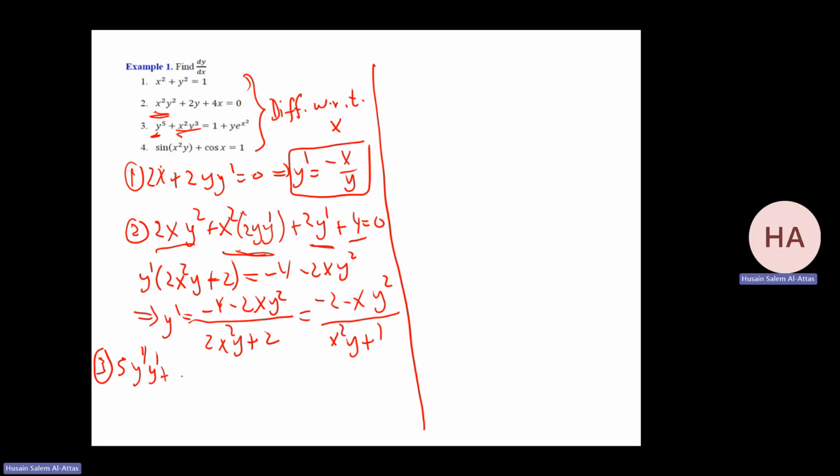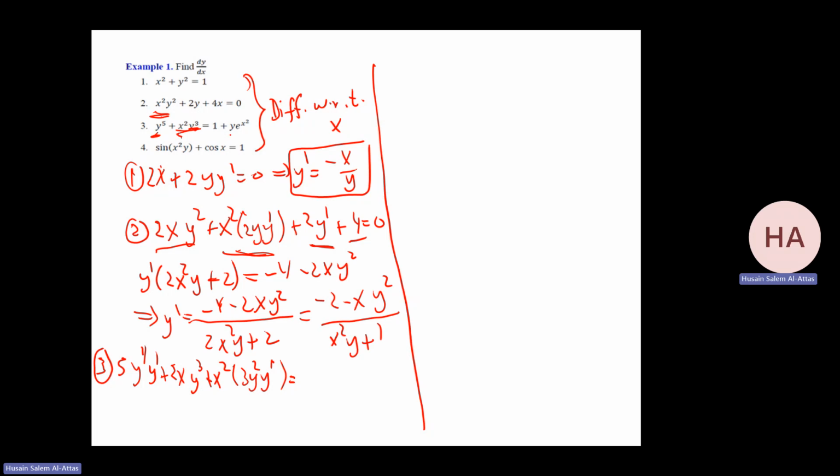The derivative of the first, 2x, times y cubed, plus x squared times the derivative of y cubed, which is 3y squared y prime. Just follow the steps. That should equal what? The derivative of 1 is 0.